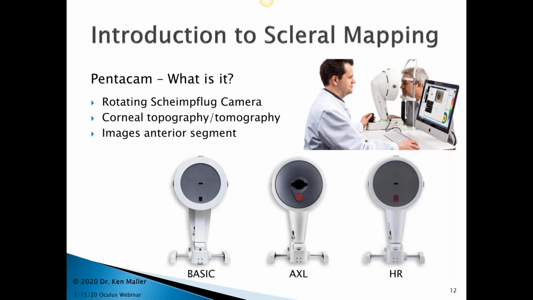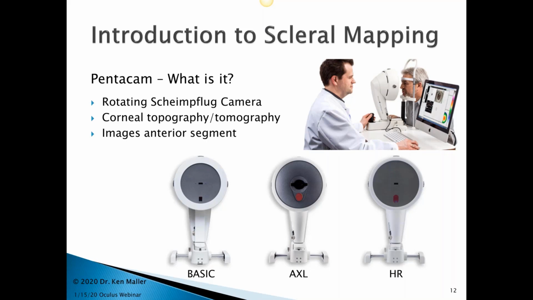The basic, the AXL, the HR, they all have different strengths and weaknesses, and they have certainly different price tags associated with them. So you really have to decide what your real priority is in terms of your patient flow, as far as which Pentacam is going to work the best for you.